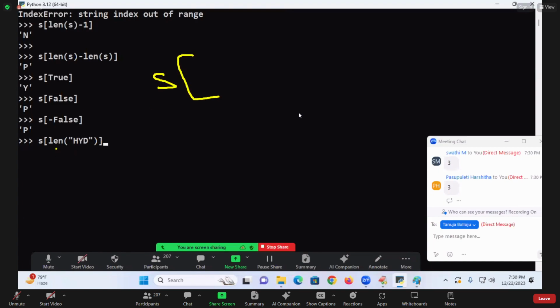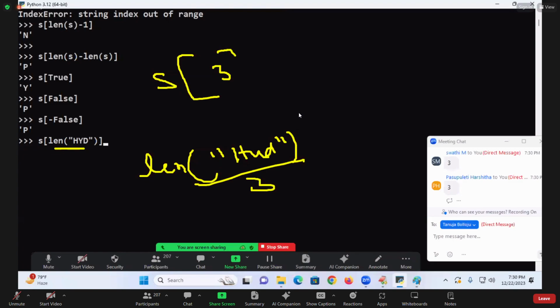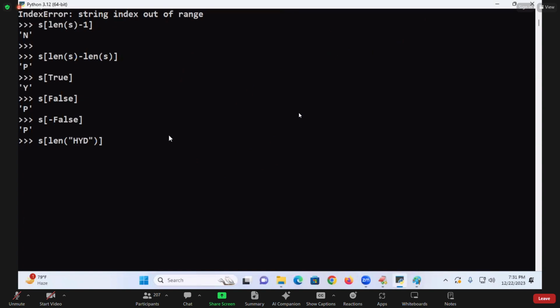What is the len of HYD? HYD is a string or not? How many letters are there here? 3. What is substituted there? S of 3. H. Getting or not? Simple or difficult? Simple. So see the answer now. H. Following. Now I am writing minus. What is the answer? Come on. Right. Good.